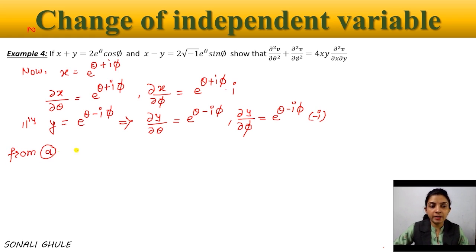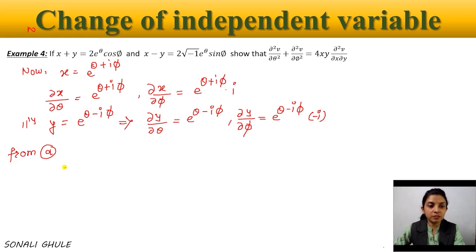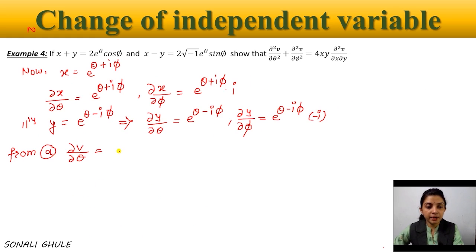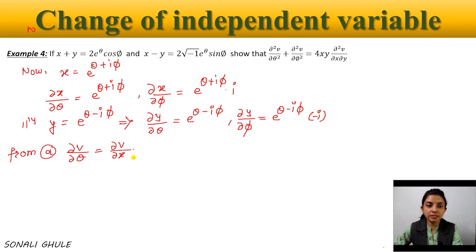So first of all, from equation A, I'll get v with respect to theta. So v with respect to theta is equal to what? Yes, dou v by dou x, right? As we don't have the value of v in terms of x and y, I have to write this as it is. And then x with respect to theta. What is our x with respect to theta? Yes, you can see here this term, e to the power theta plus i phi.